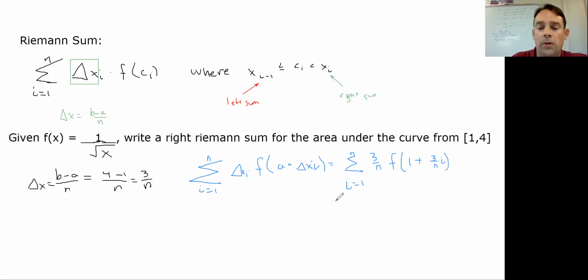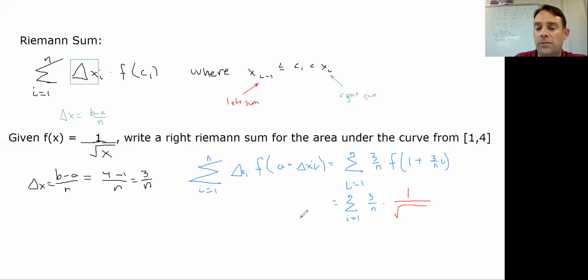We did a couple of these on the last video as well. And it's just a way for us to write how to determine the area under the curve. And in this case, now we can get rid of our function. We can actually use our actual value. So the actual value for f is 1 over the square root of x.